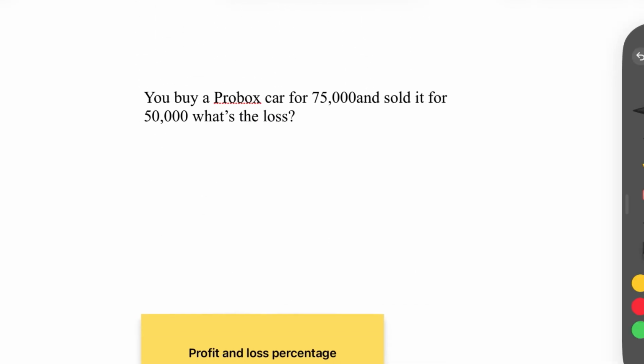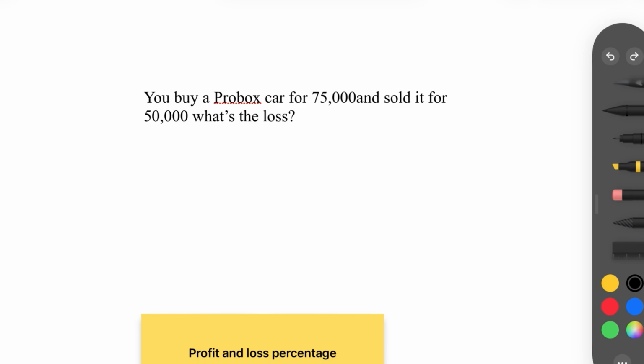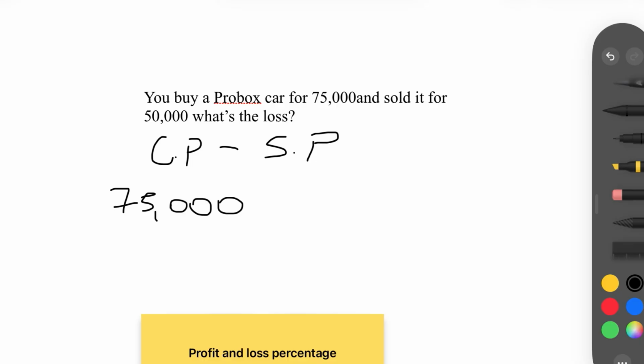So let us whip that into shape right now. So CP, which is cost price, minus selling price. So what is the cost price? What did we buy it for? It says that you bought a Probox car for 75,000 and sold it for 50,000. So now we're going to minus 50,000.